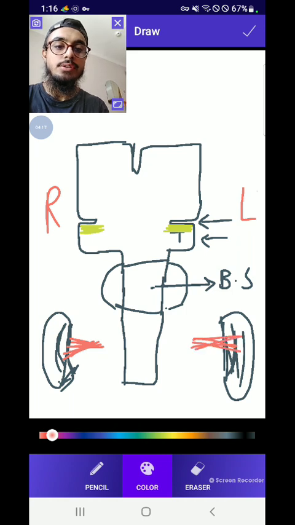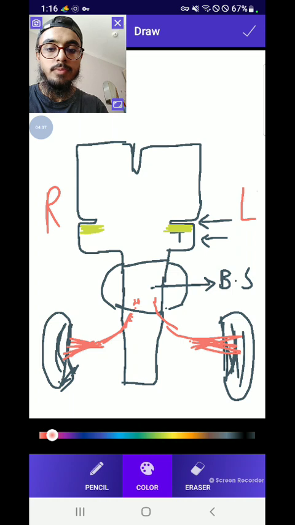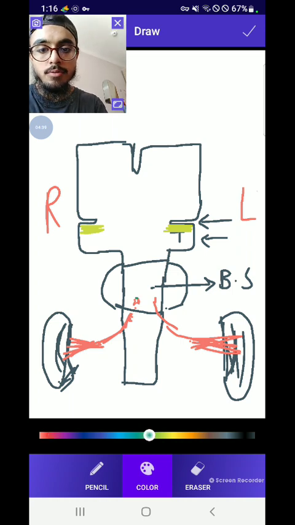From the inner ear, the information is sent towards which part of the brain? The brainstem. In the brainstem there is a nucleus, the vestibular nucleus.